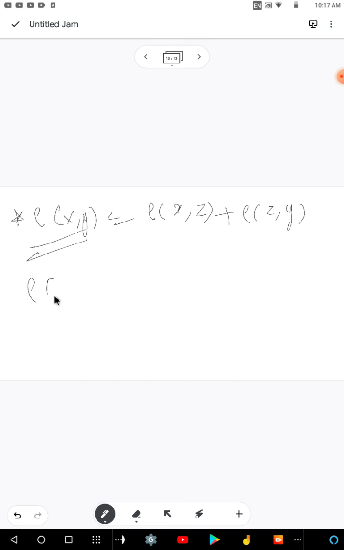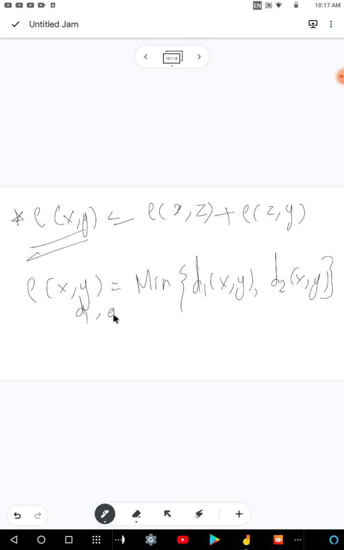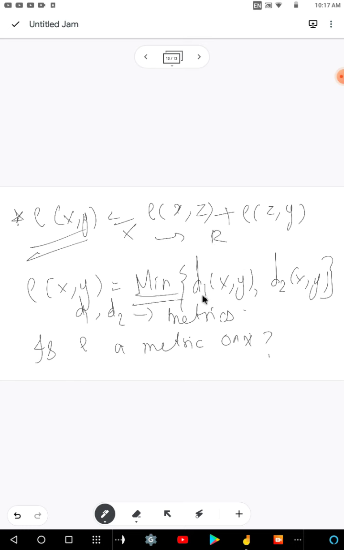My question to you is: rho of x comma y is equal to the minimum of d1 of x comma y and d2 of x comma y, where d1, d2 are metrics. So my question is, is rho a metric on X? Let X be any non-empty set, say R. Does this form a metric space?